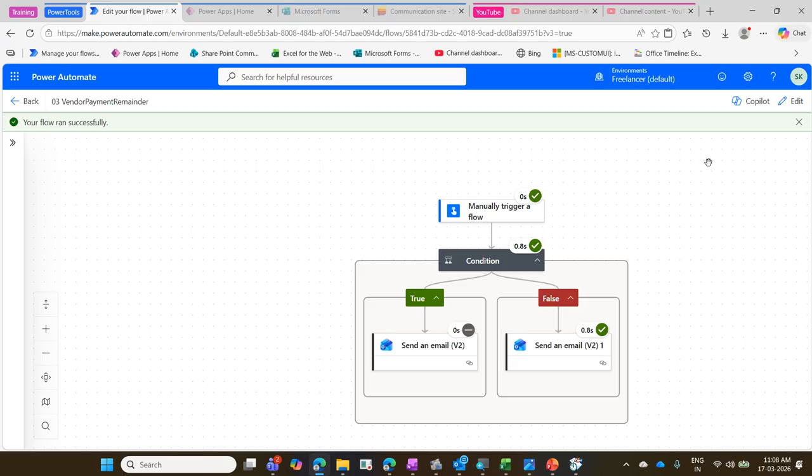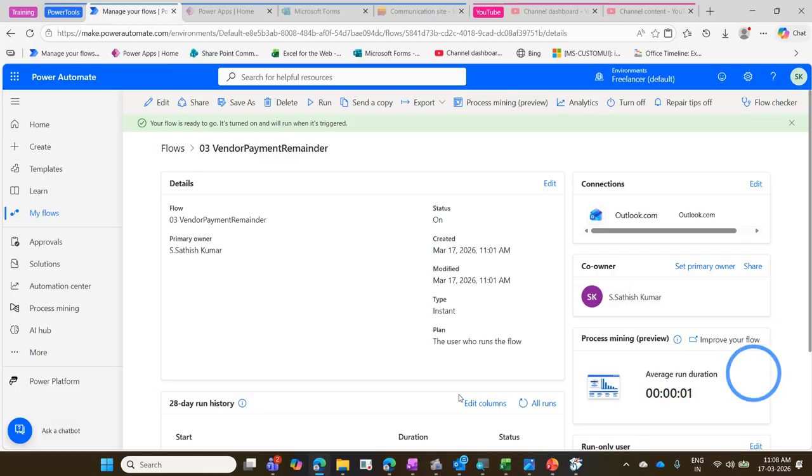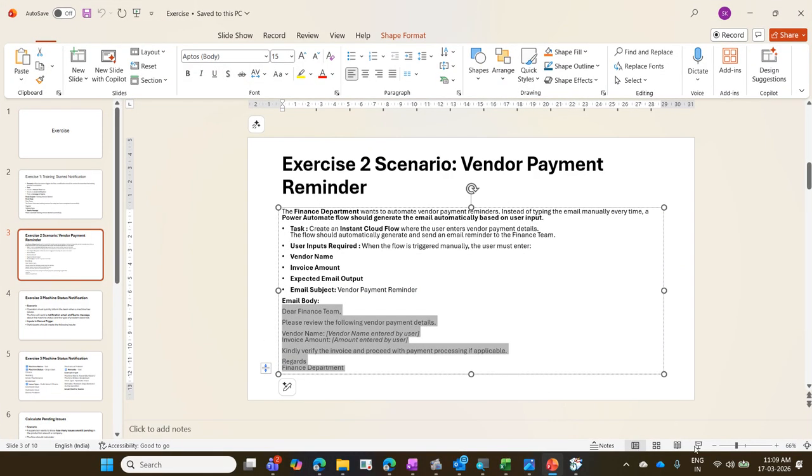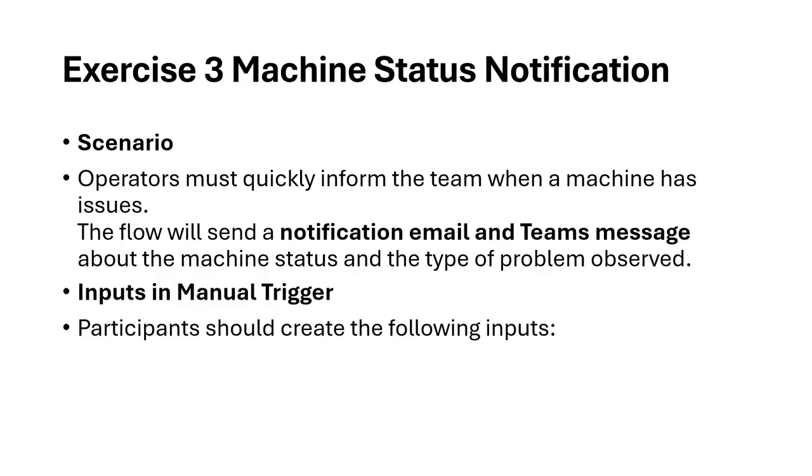Now, what I want you to try here is maybe the next one, mission status notification. So, operator must quickly inform the team where a mission has issues. The flow. He asked you, no doubts.